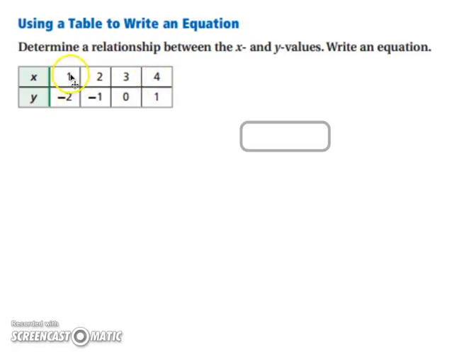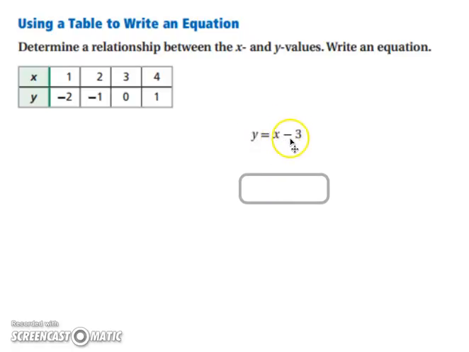Now let's look at the difference between our x values and our y values. The y value is always 3 less than the x value. So when we write our rule, y is going to equal 3 less than the x value.